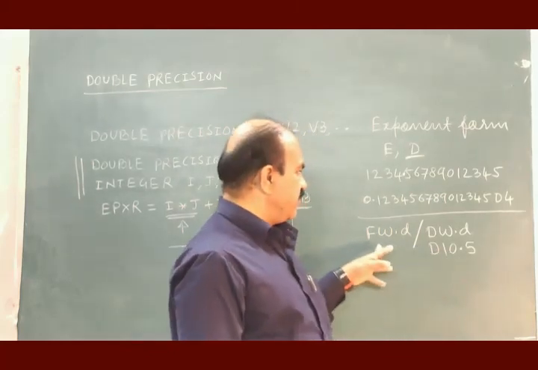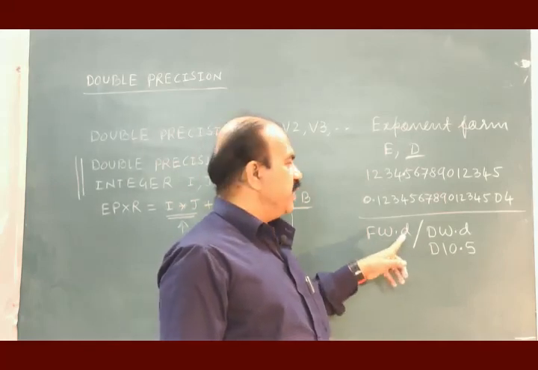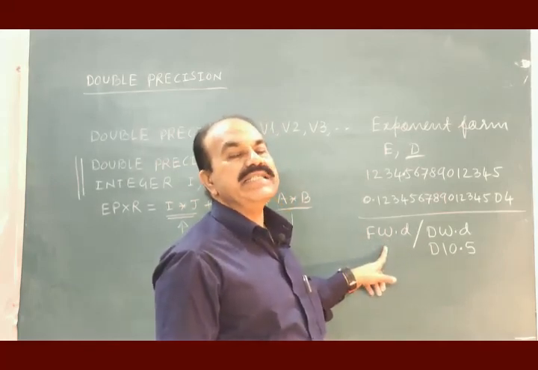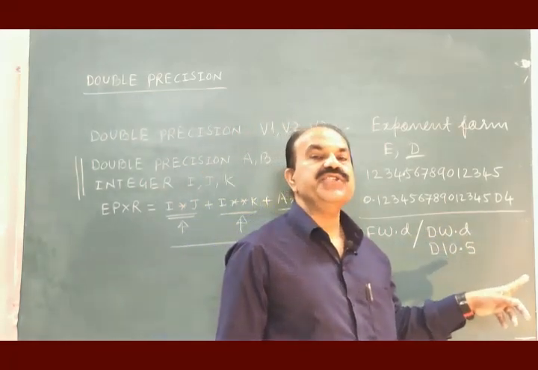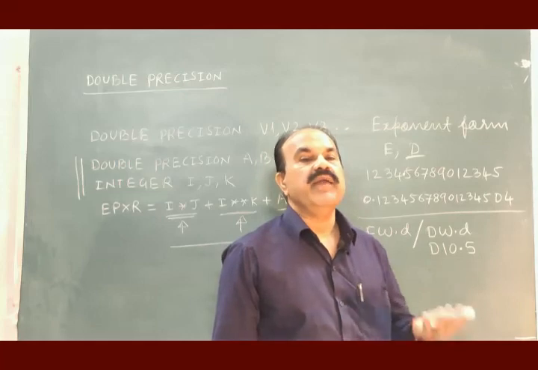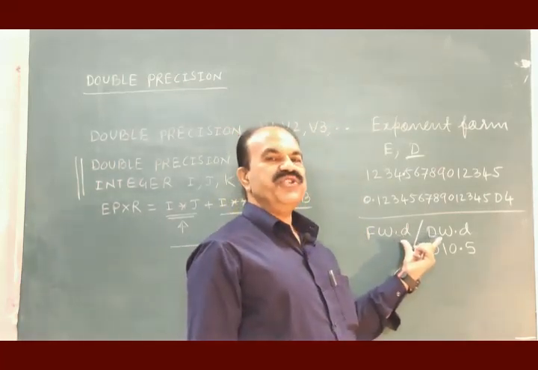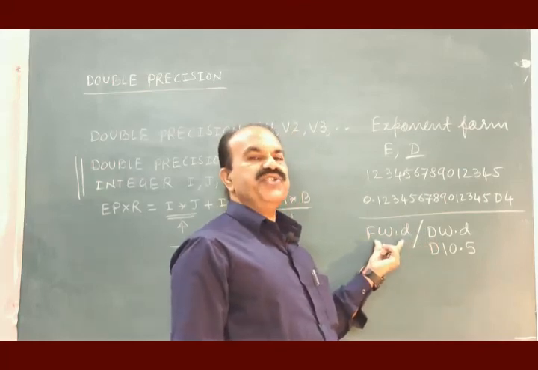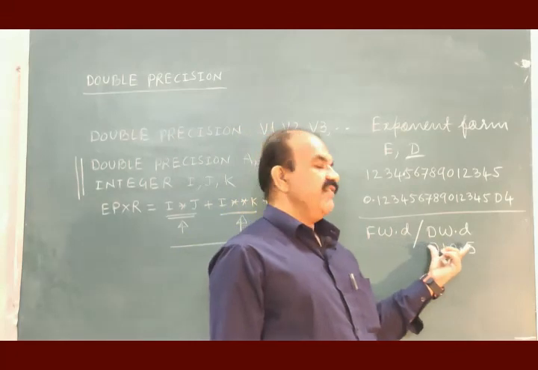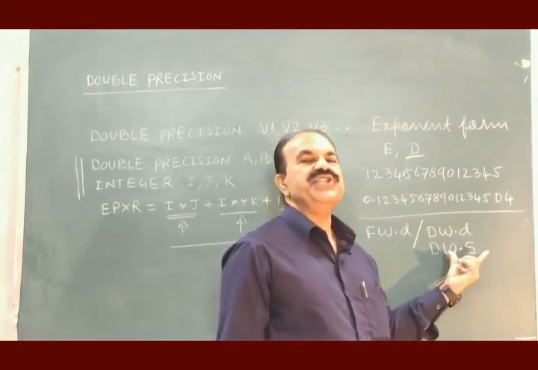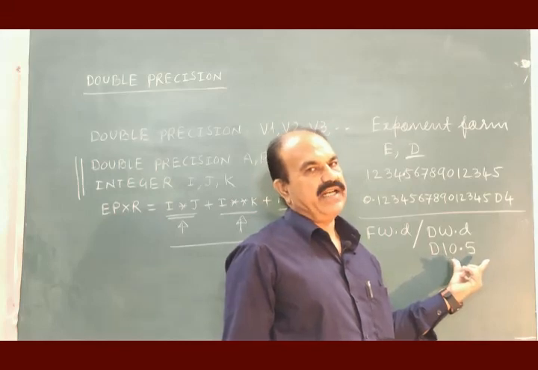This is just similar to FW.D. FW.D is used for single precision real numbers. DW.D is used for double precision real numbers. There is no difference between these two. Whenever the first format is used, it is for single precision real numbers. Whenever the second format is used, it is for double precision real numbers.